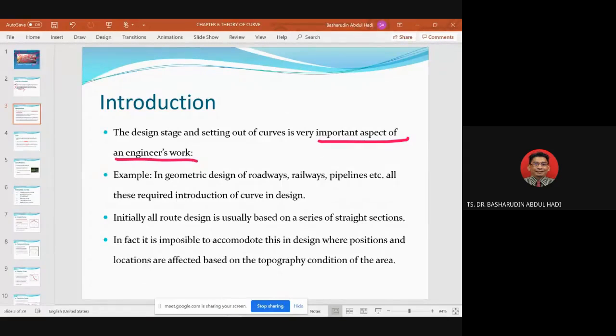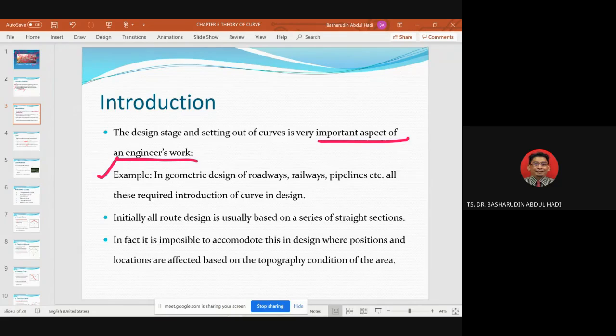When the center line of the road starts from, for example, Arau, Perlis, going to Alor Setar, the center line of the road is our road alignment. It shows our route, our direction; that we call the road alignment.